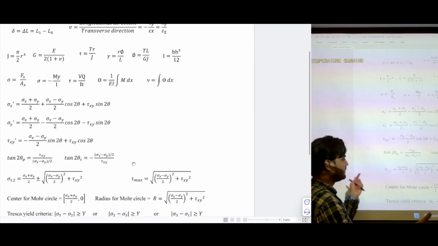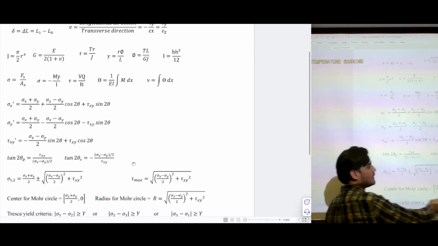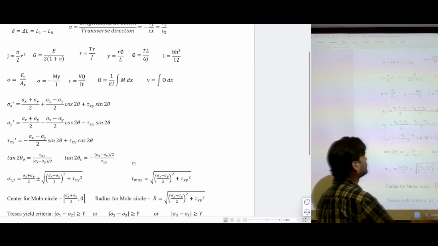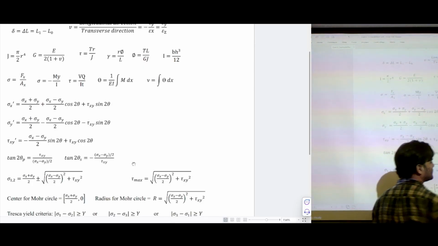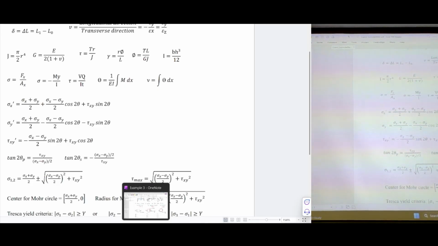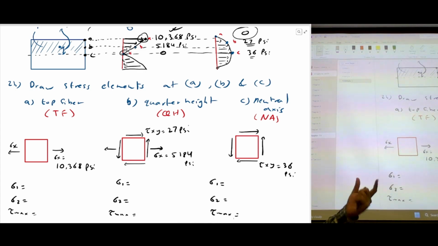The second way is just use this equation, you're going to get stress 1 and stress 2, and use this equation, you're going to get tau max. In this case, since we don't need to draw the stress element, we just need to calculate the maximum stresses, so I think it's more suitable to use these equations.